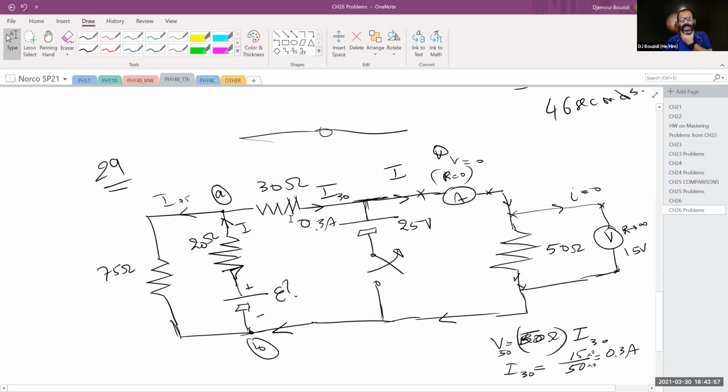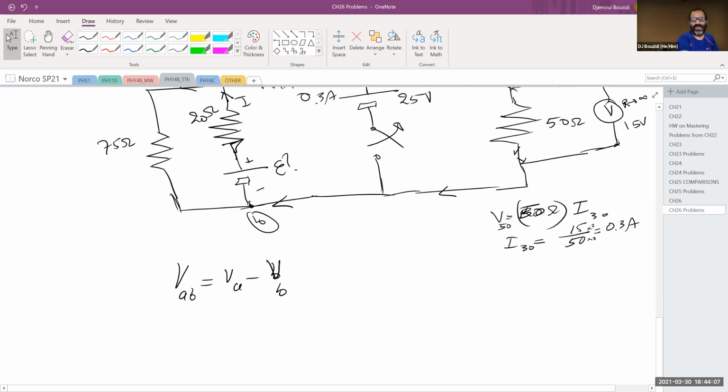So on one side, it's 30 ohms times that current. There is nothing in here. So the same 0.3 amp is going through the 30 ohms and the 50 ohms. So this voltage drop is equal to the 30 ohms times the 0.3 plus the 50 ohms times 0.3.